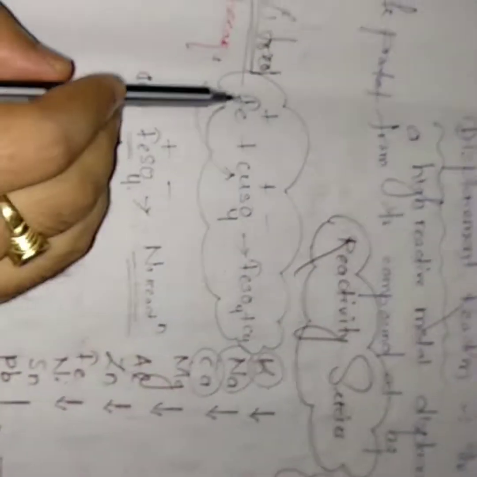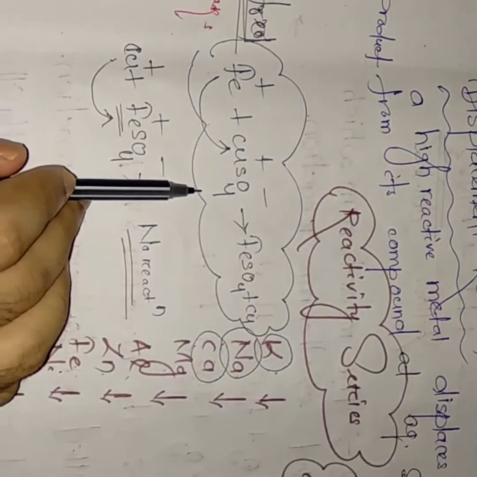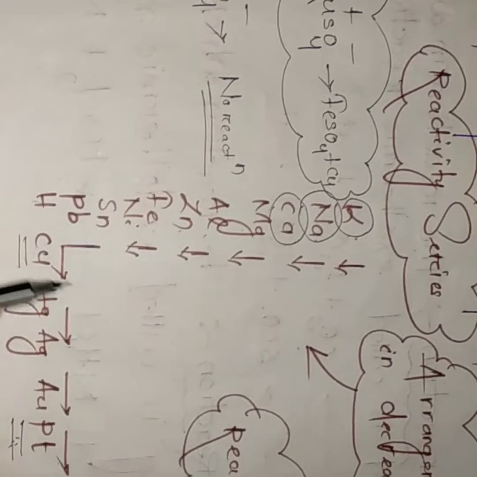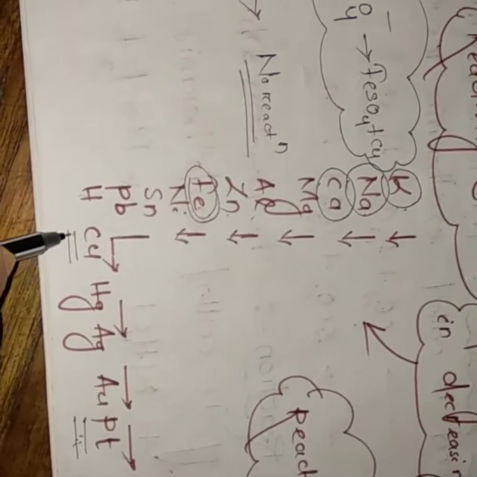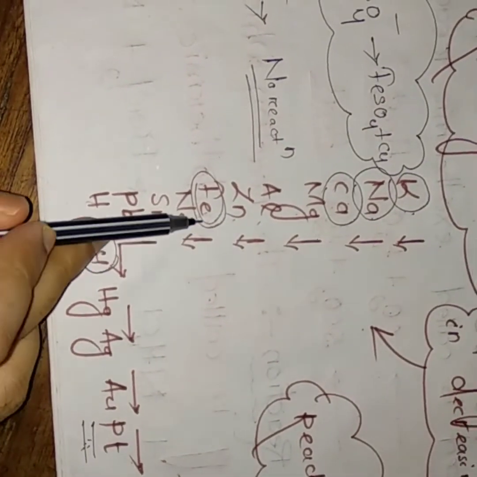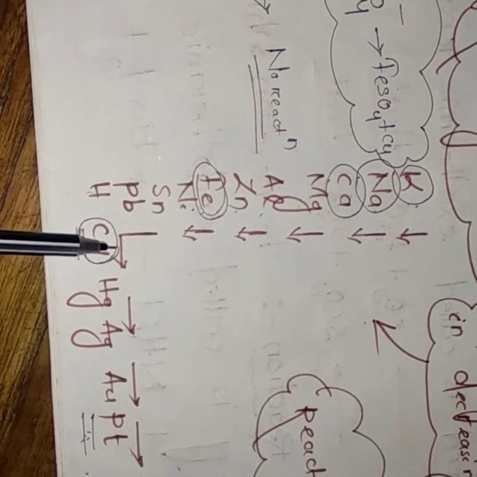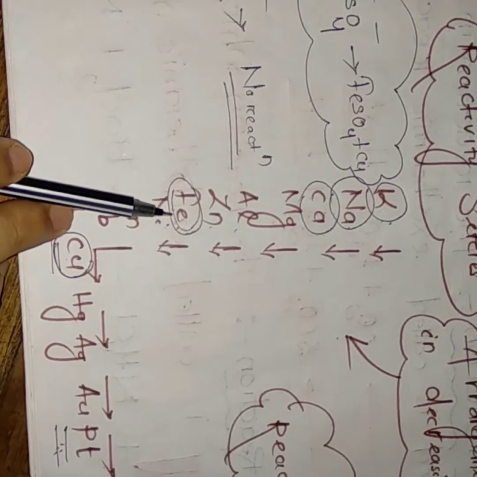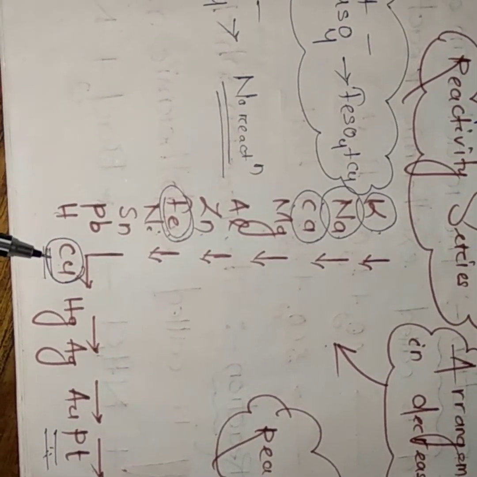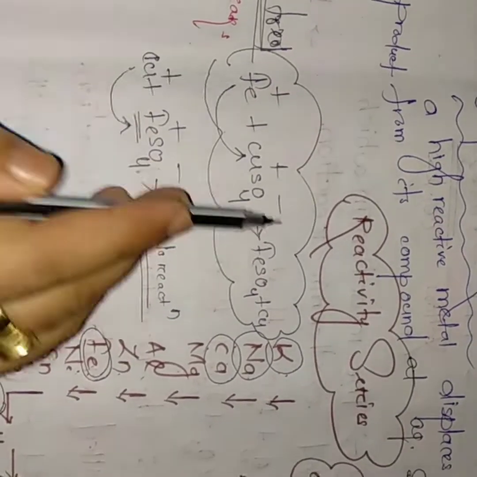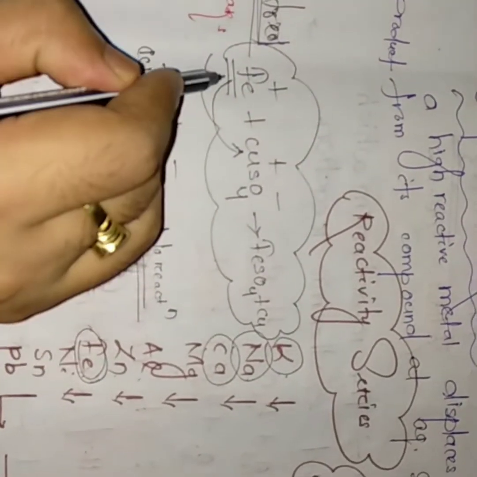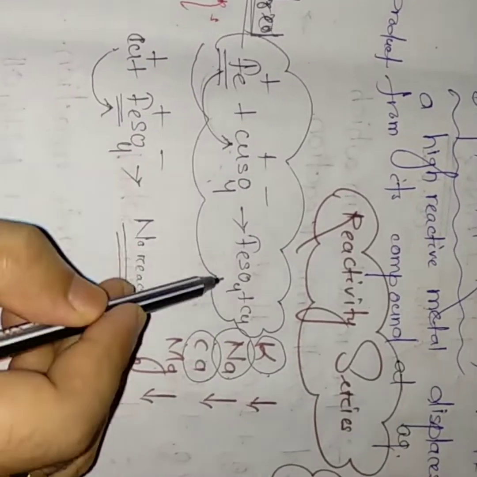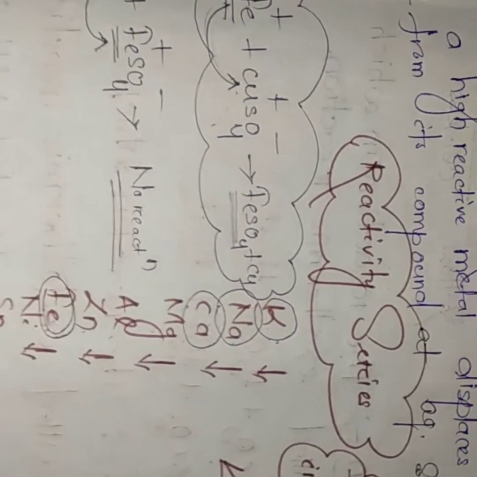So here you can see this is iron and copper sulfate. Iron reacts with the copper sulfate. Now what happens? See, this is iron and you have copper here. Iron is more reactive than copper because iron falls before copper. Clear? Since iron is more reactive than copper, iron displaces copper from copper sulfate and takes its position, and it forms iron sulfate.